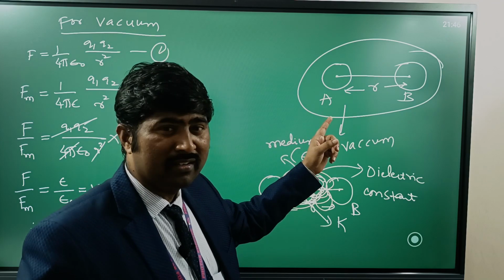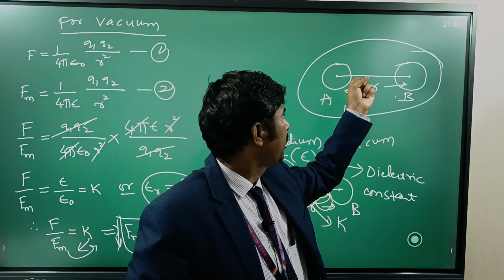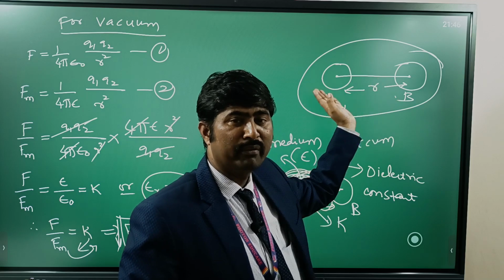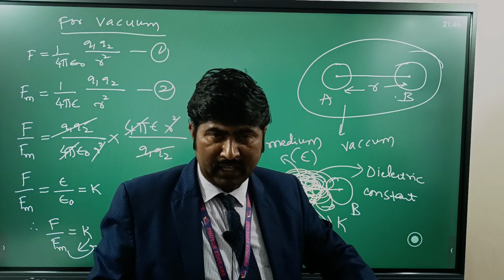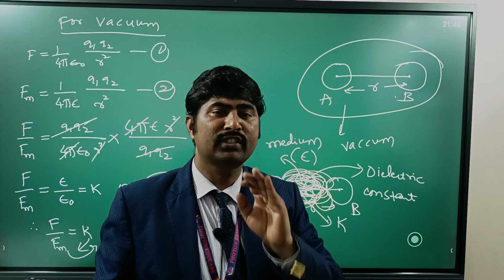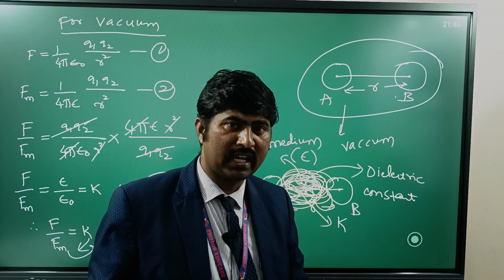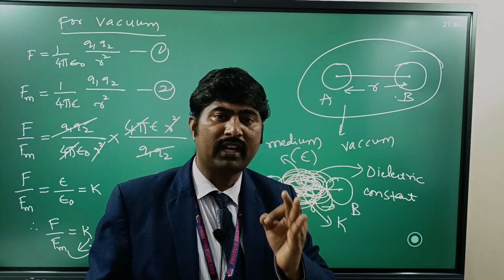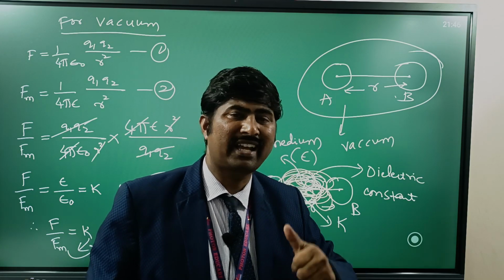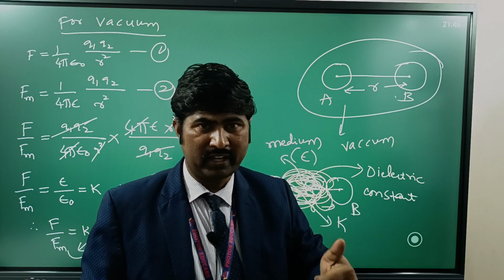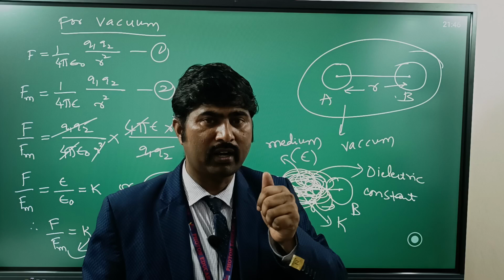When the same spheres are filled with a dielectric medium, or if we introduce a dielectric material between the two charges, then the force is going to decrease. The new force is either F dash is equal to F by K, or Fm is equal to F divided by K.